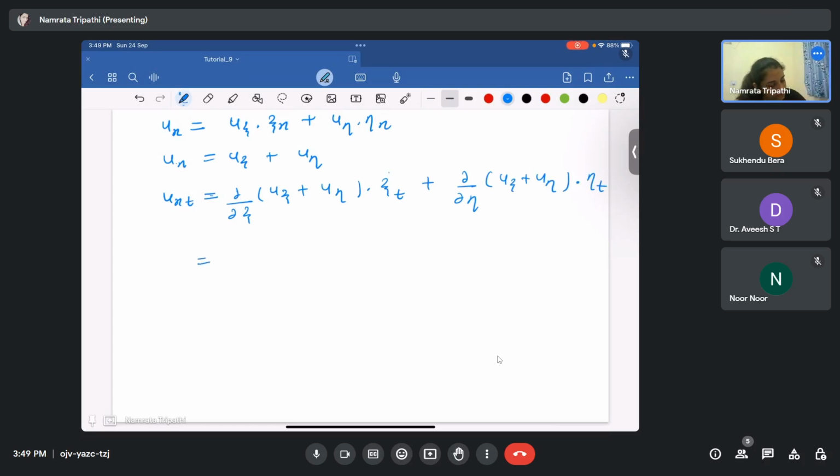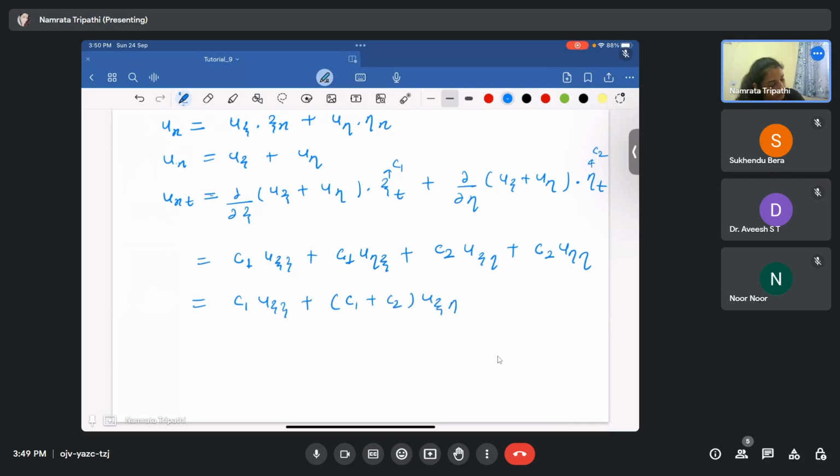This is c1, this is c2. c1 u xi xi plus c1 u eta xi plus c2 u xi eta plus c2 u eta eta. Fine. Because these are equal.